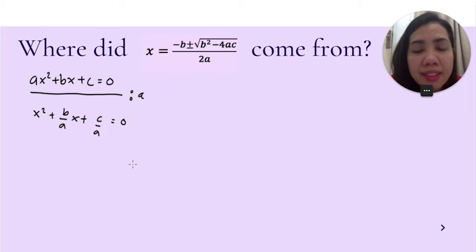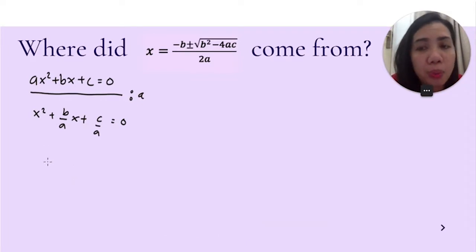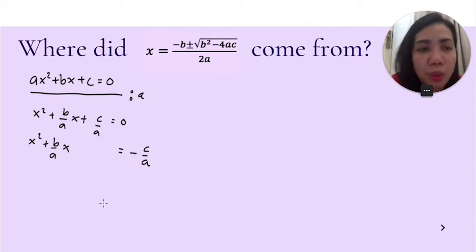The second step is we need to move this c to the right side, in other words, subtract both sides by c over a. So here we have x squared plus b over a x equals minus c over a. Next, so that we can get the perfect square easily, we add half of b over a, squared, to both sides.